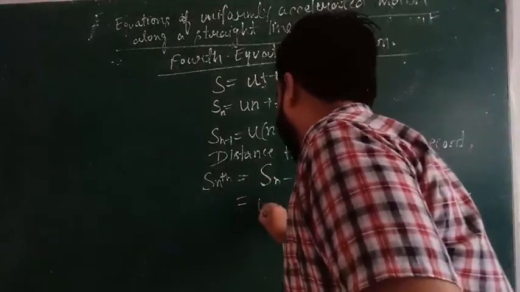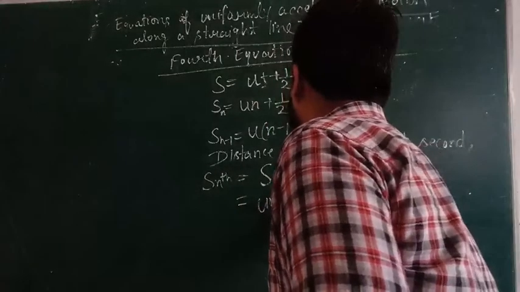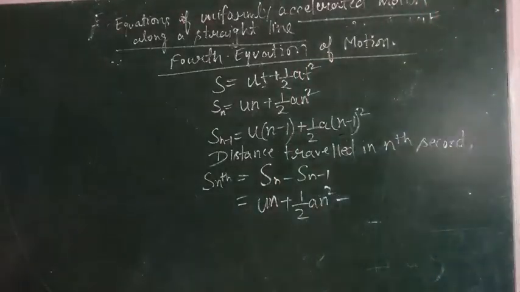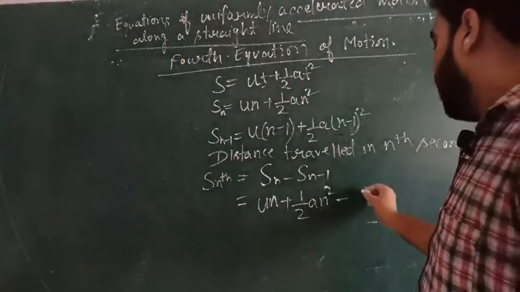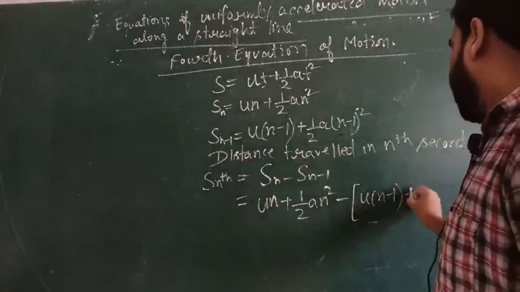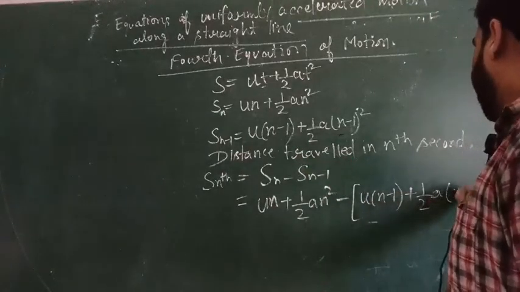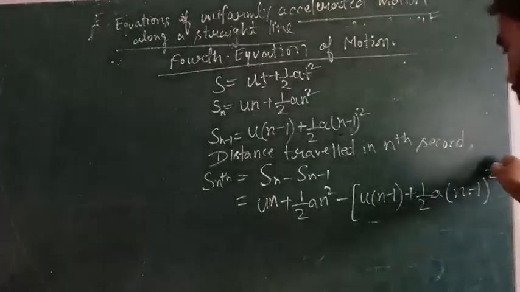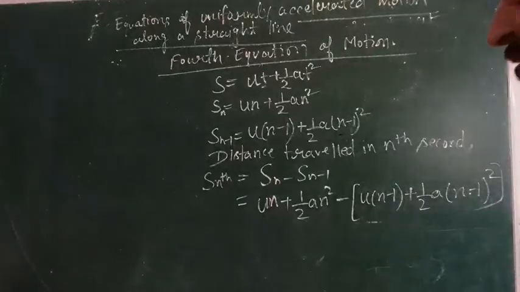In place of Sn we can write un plus half an square, minus Sn minus 1. So this will be minus u in bracket n minus 1 plus half a in bracket n minus 1 whole square. So this is what we have to do. Now let us solve this.